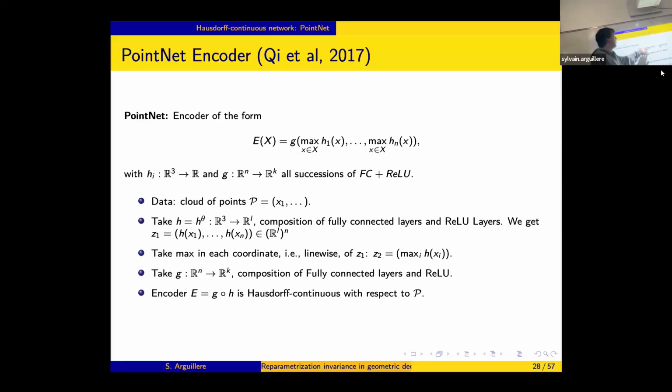Then you combine all of them through another fully connected network, which is called G. It's pretty fast, and you get an encoder that you can apply on any size of cloud of points or mesh, and whose output is continuous with respect to the Hausdorff topology.